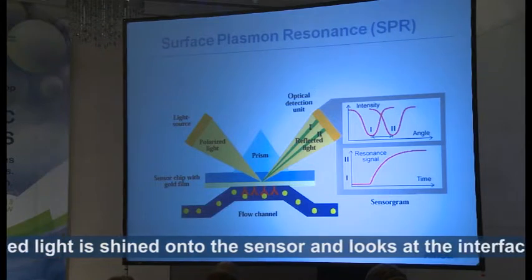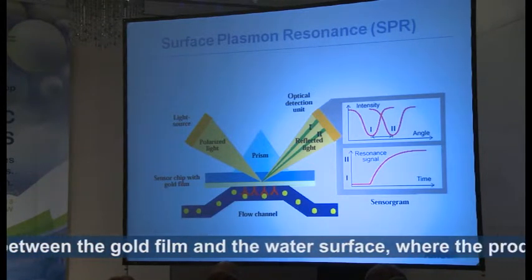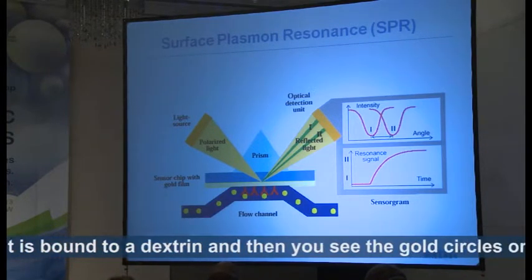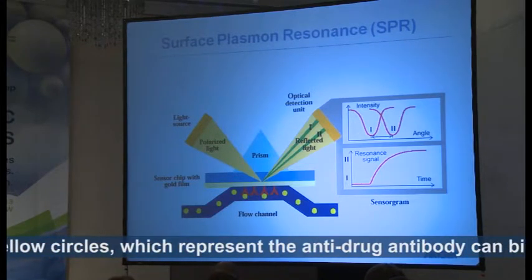When you have those proteins binding to the drug, there's a shift in the refractive index, and you will see an increase in the reflective light, and so you get a resonance signal.